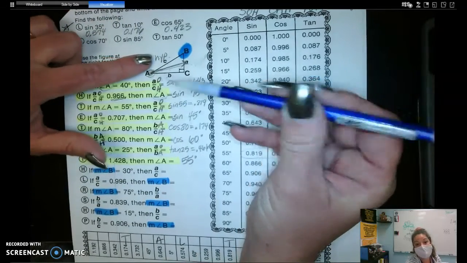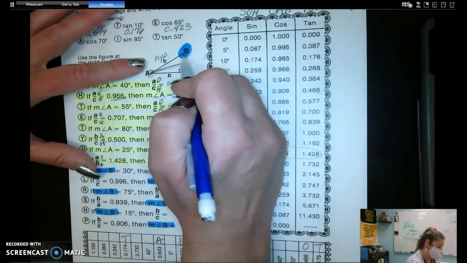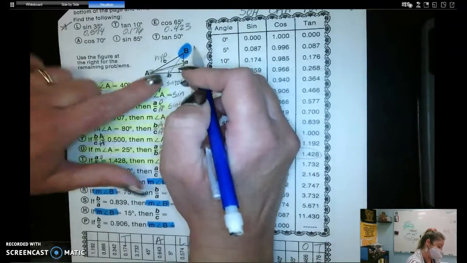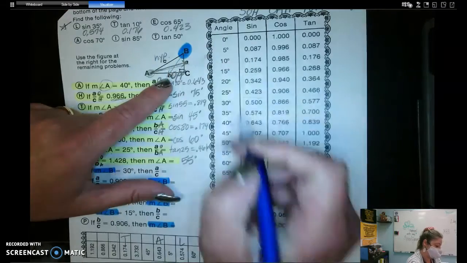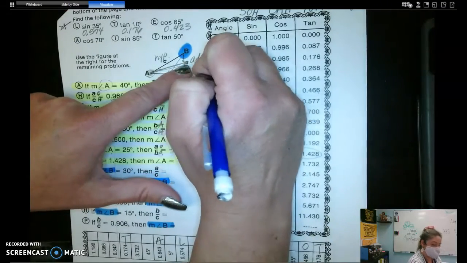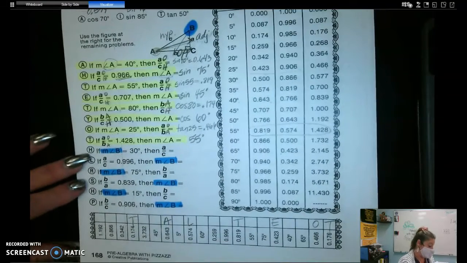The hypotenuse is always the hypotenuse. That never changes, right? But here's B. Opposite of B is little b. So this time, your opposite side is over here, and your adjacent side is here. Okay, so those do a little bit of shifting.